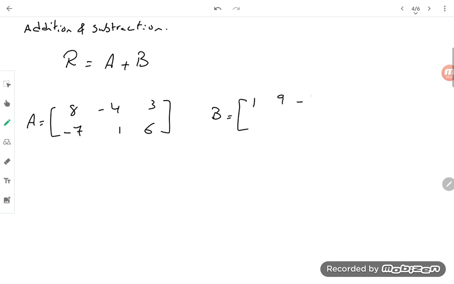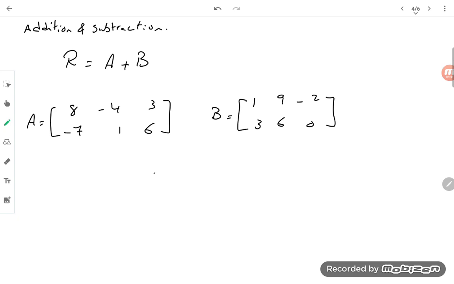Say for example matrix R is the summation of matrix A and matrix B. So this is matrix A, 8, negative 4, 3, negative 7, 1, 6, and the matrix B equals 1, 9, negative 2, 3, 6, and 0.